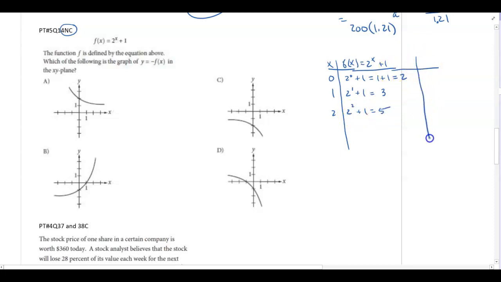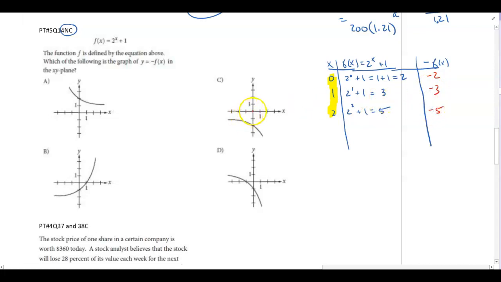So now, when we talk about the opposite of f of x, all we're going to do is use these input values, but now take the opposite of our outputs. So positive 2 would be negative 2. Positive 3 would be negative 3. 5 would be negative 5.